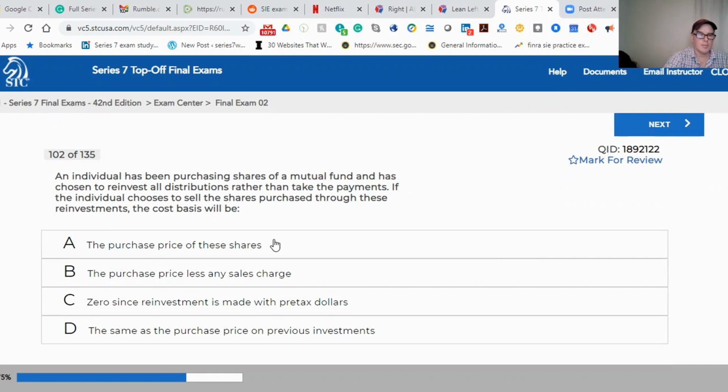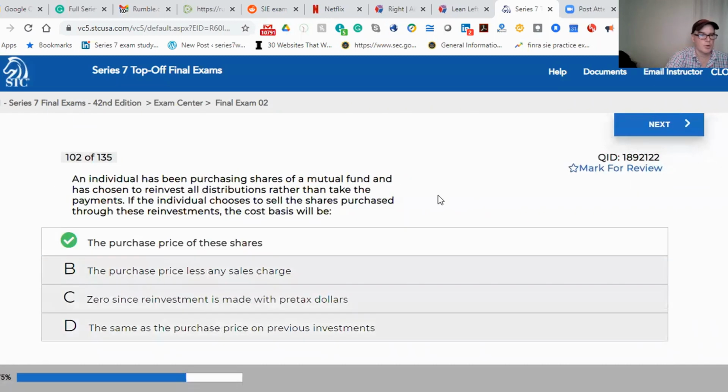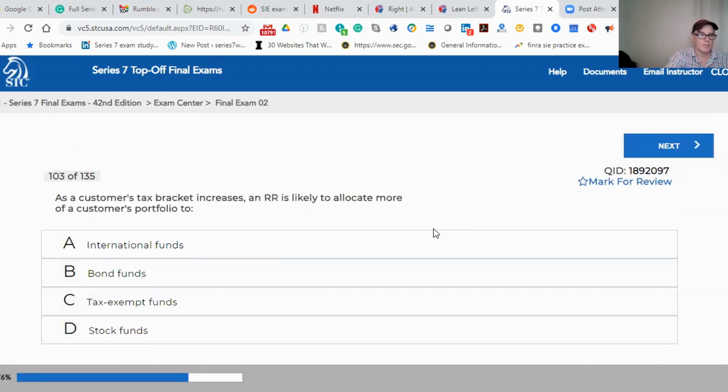I would think it's going to be less any sales charge. That's interesting, but there shouldn't be any sales charges. Boom. I think it's going to be purchase price. Let's see if they're tricking me. Boom. So remember, since you're paying taxes on it and you buy more, then it does increase your cost basis. Good. I can't believe I'm doing more.